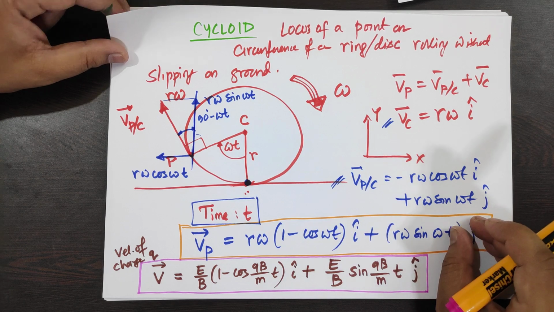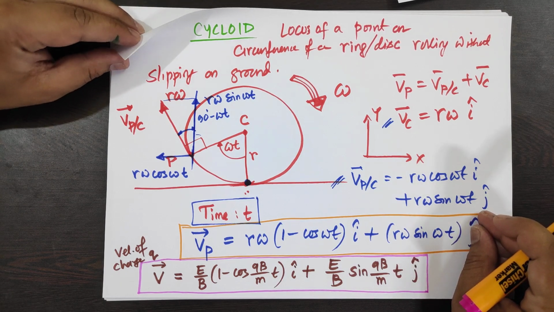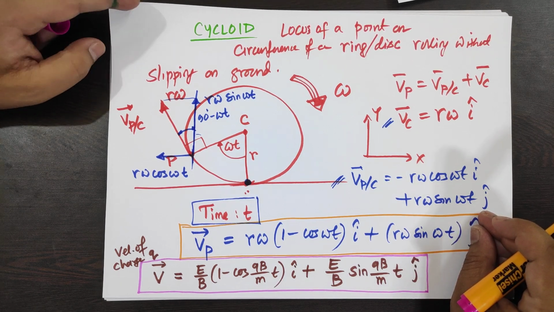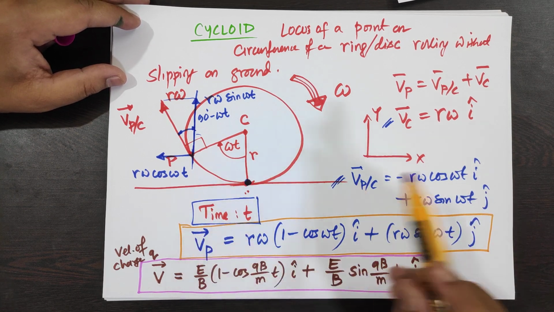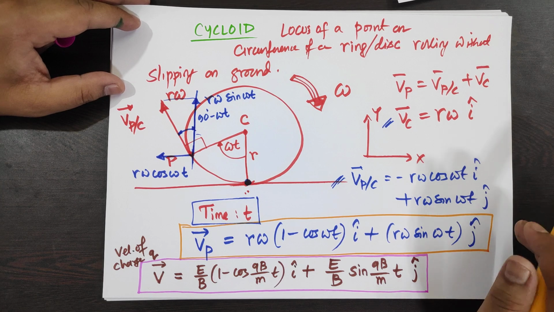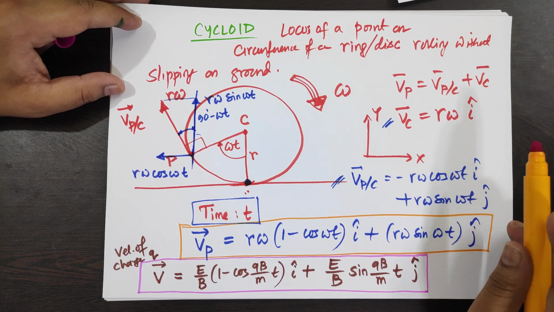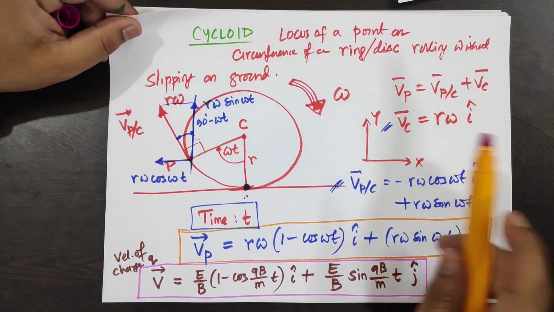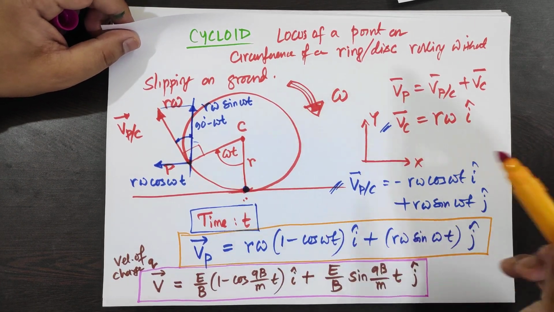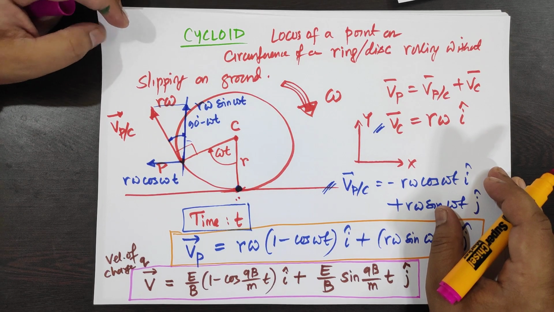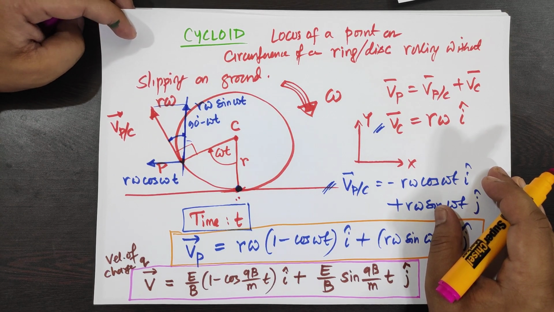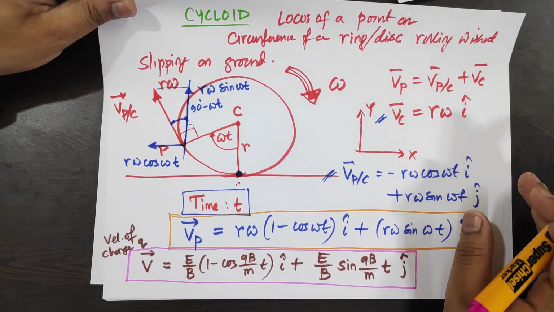So if we compare these two equations, then what will you get? It is absolutely sure that the motion of this particle on the circumference of this disk is exactly similar to the motion of the point charge. So we can equate this.